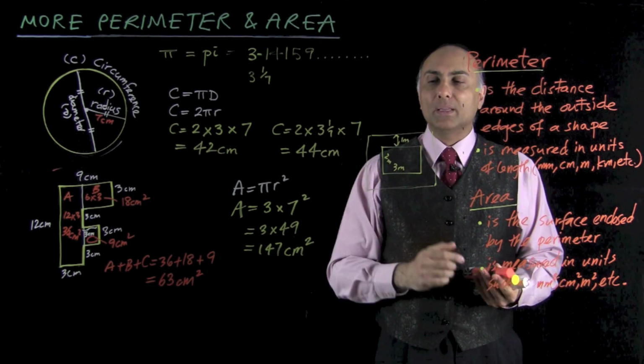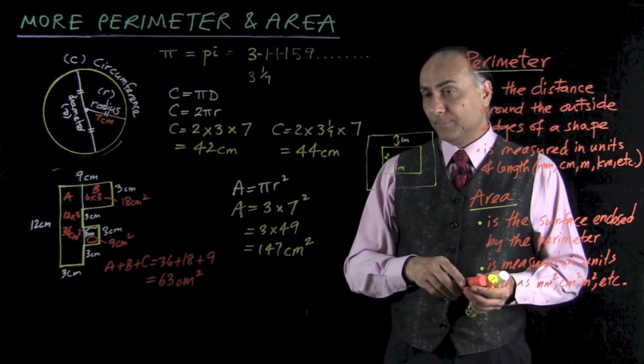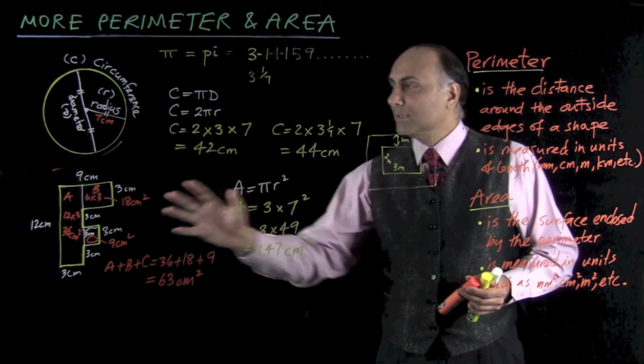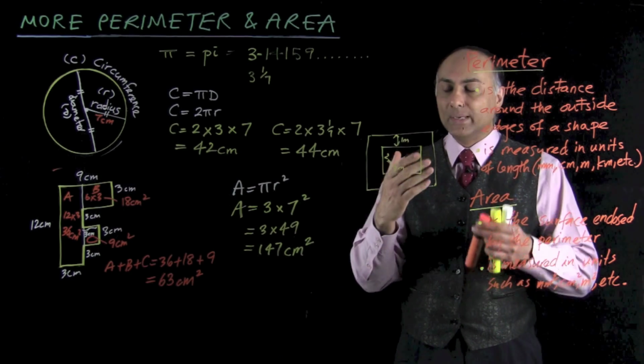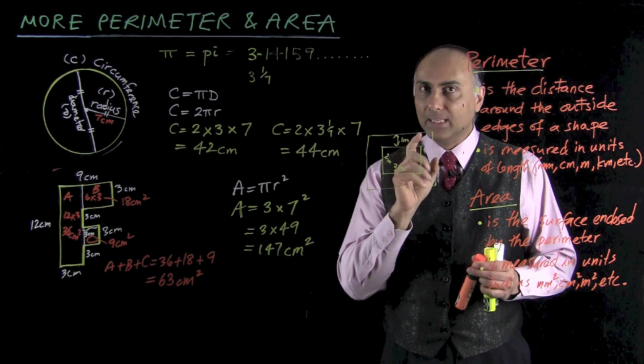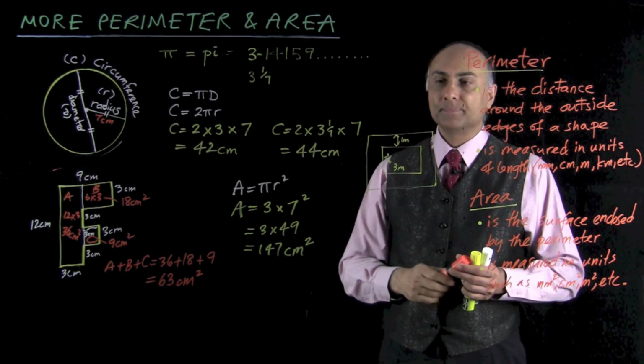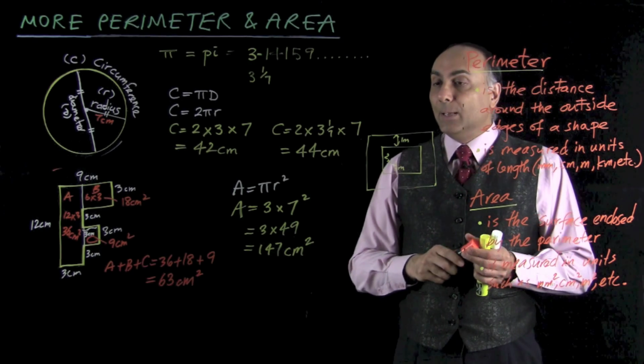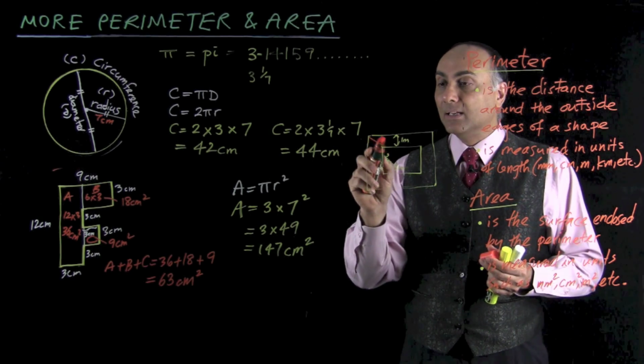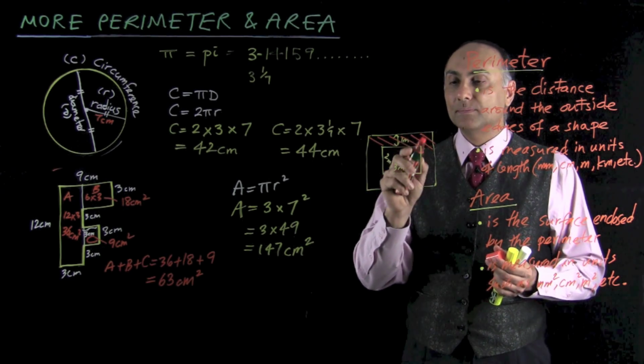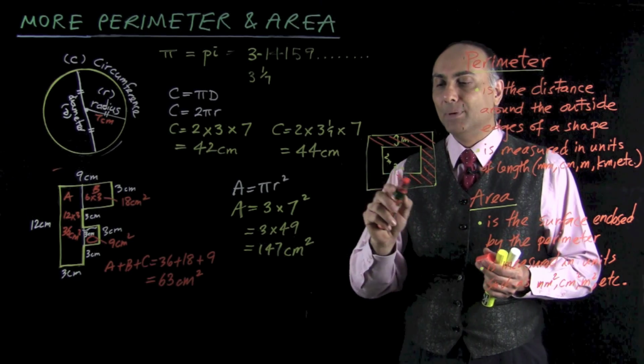So how do you work this out? Well, it's similar to this problem. All we're doing is combining areas to get the specific area that we want. The path I'll shade in orange. That's the path.